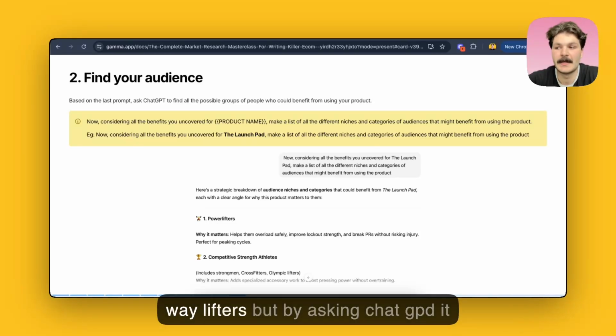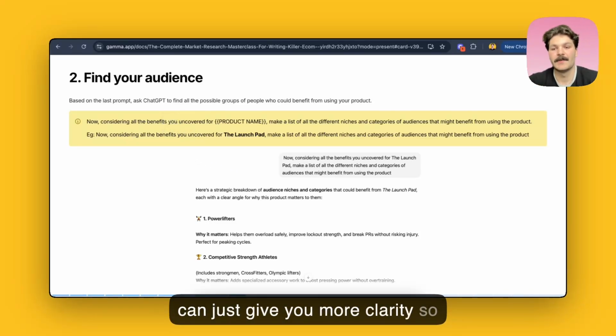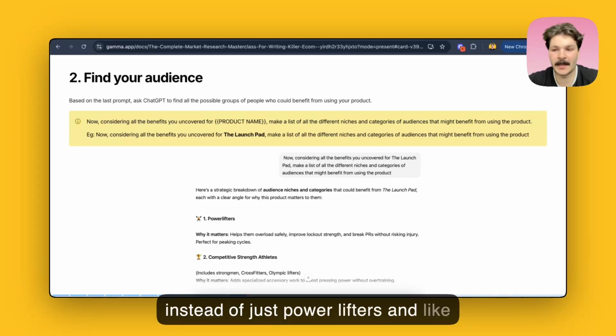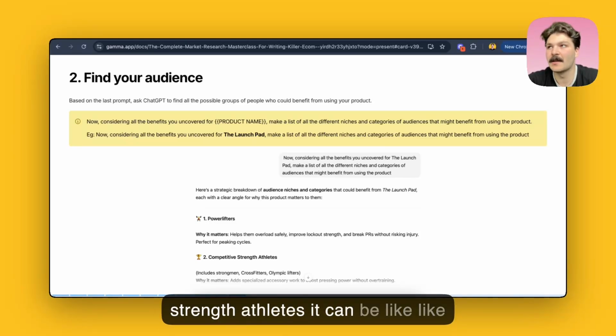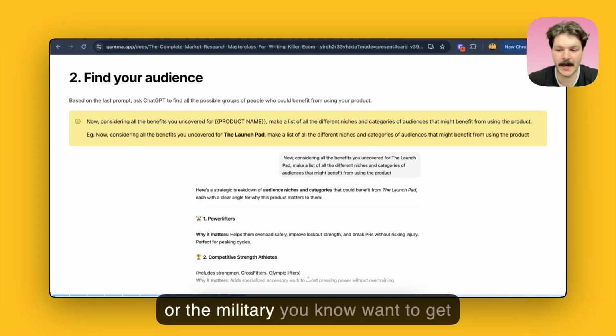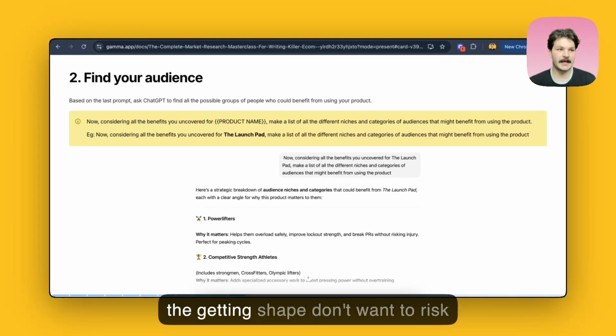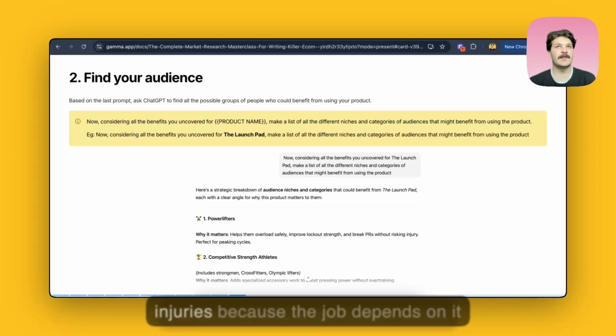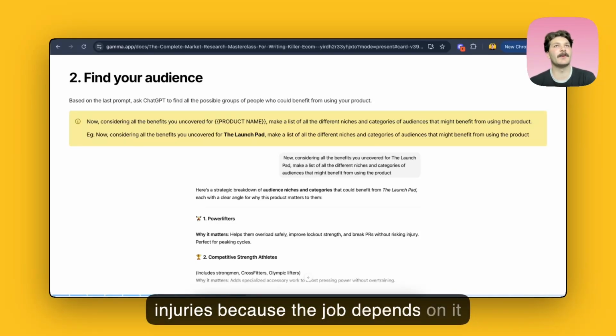Well, it's weightlifters. But by asking ChatGPT, it can give you more clarity. So instead of just powerlifters and strength athletes, it can be people who work in law enforcement or the military, want to get in shape, and don't want to risk injuries because the job depends on it.